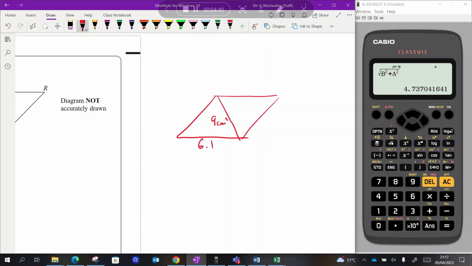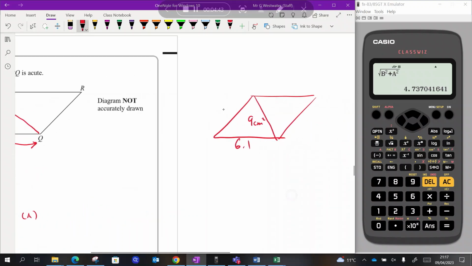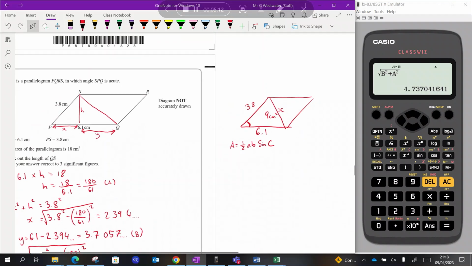And if this was 6.1 and 3.8, we could use the area formula, so area equals a half ab sine C to work out this angle here, and then used this angle on these two sides to work out x using the cosine rule. That would probably be a bit more straightforward, but hey ho.